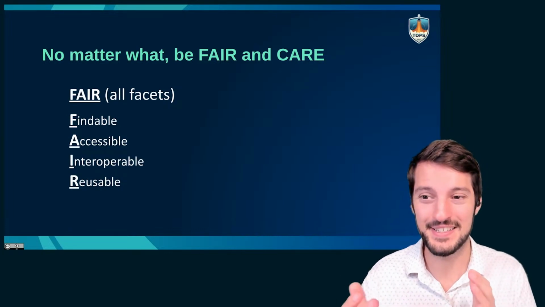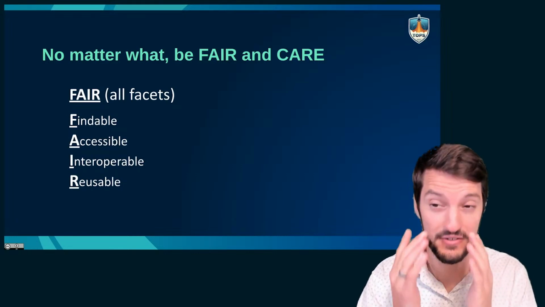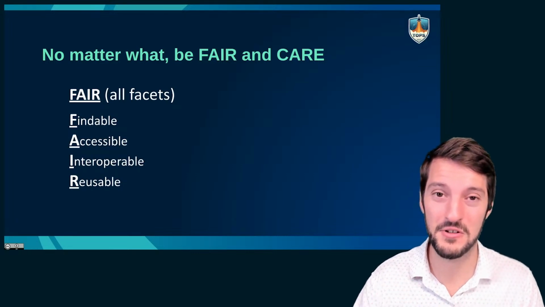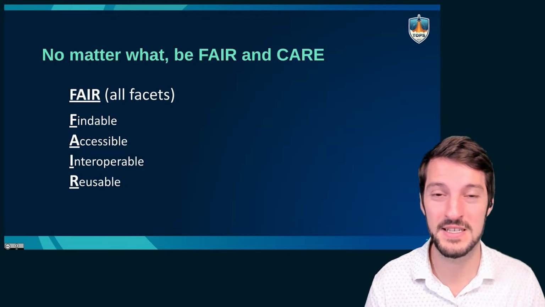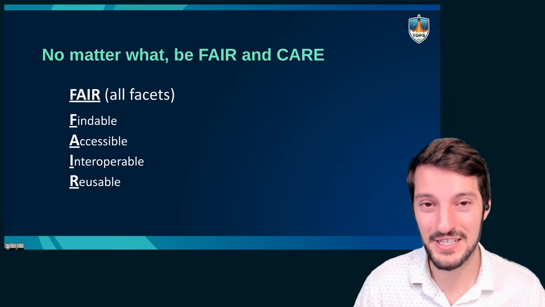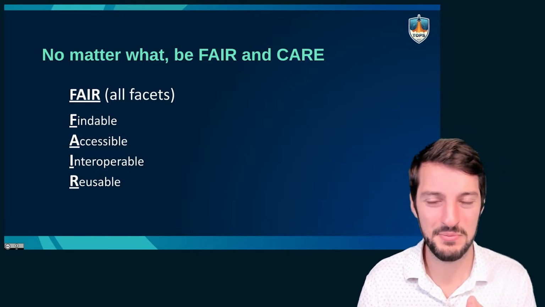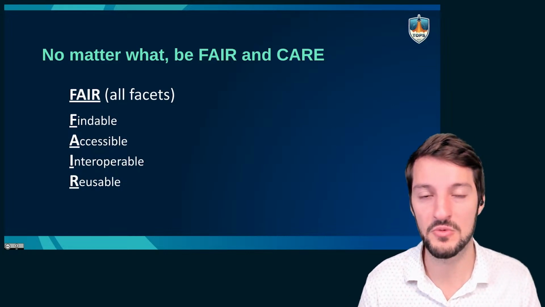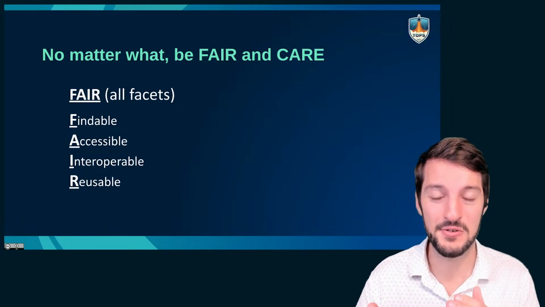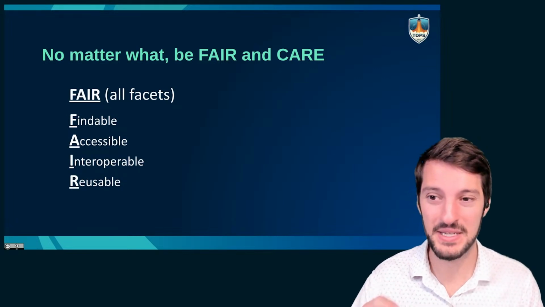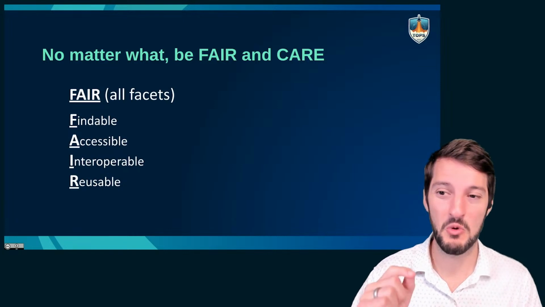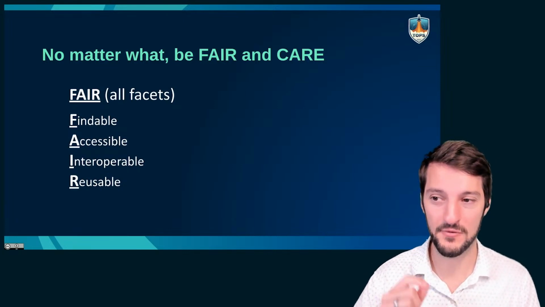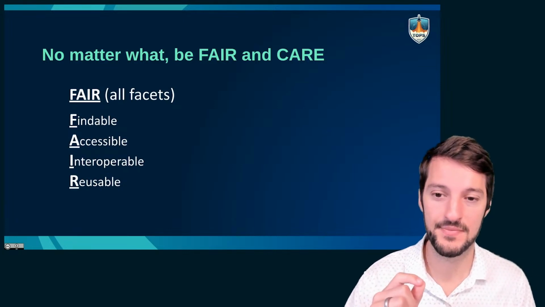And you're thinking, I was so close. I found something that I really wanted to use, but $20, I'm not paying $20. Or an academic partnership, my institution is not a partner with this publisher or with this resource. And so just because I can find it does not mean I can access it. And so we want to make sure all the things that we share are both findable and accessible.